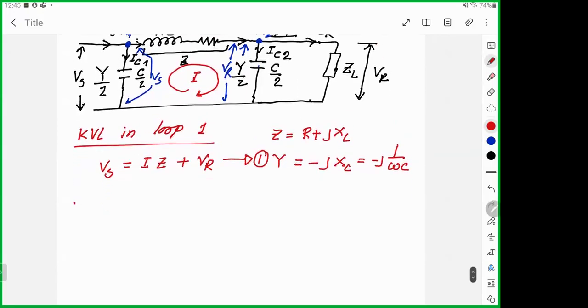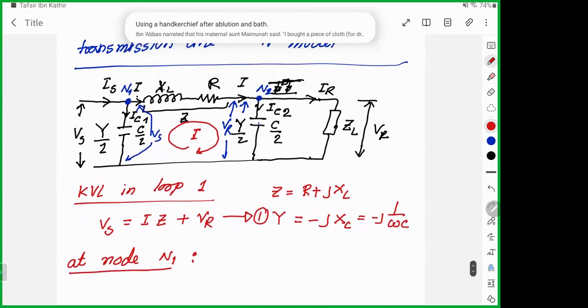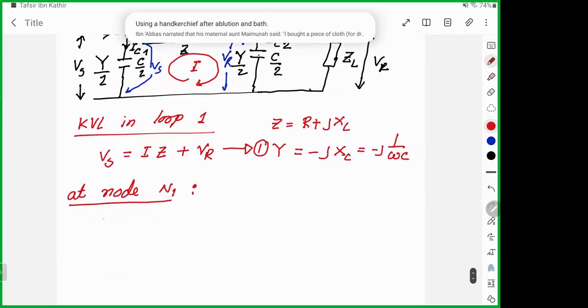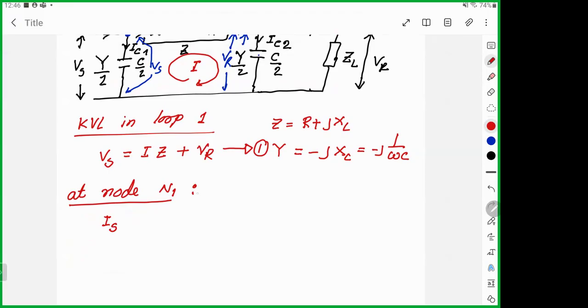Now at node N1, we can write the KCL equation.